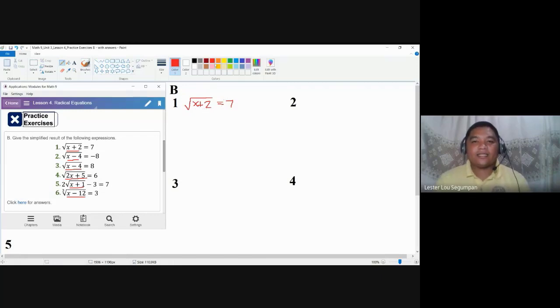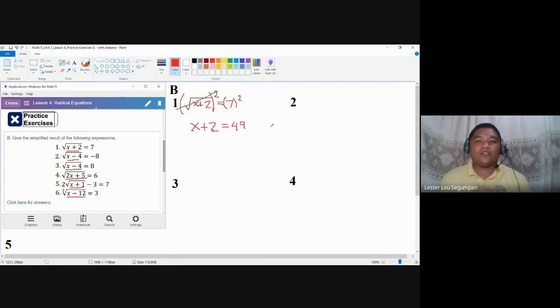Instead of subtracting both sides by 2, we can simply square both sides. This is made to neutralize the radical expression, the square root here. Then we can remove it, and we are left with x plus 2 equals the square of 7, which is 49. Now we don't have a radical expression.